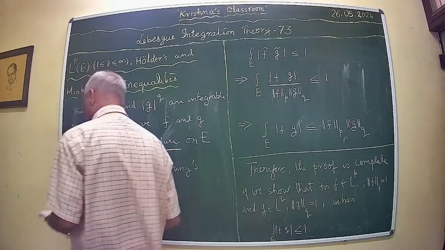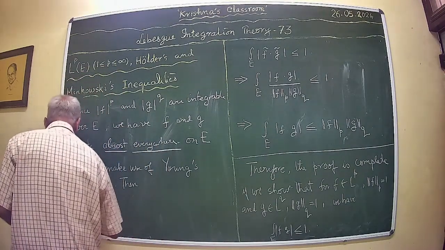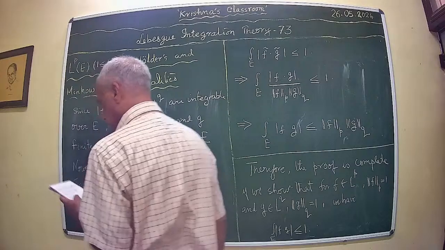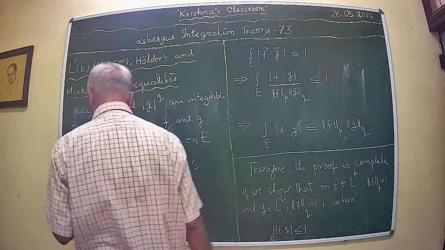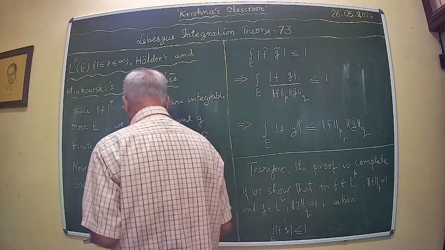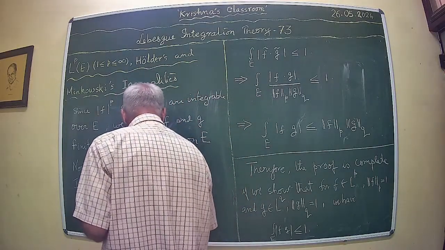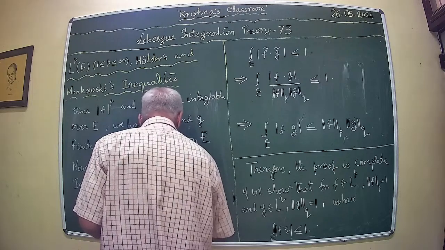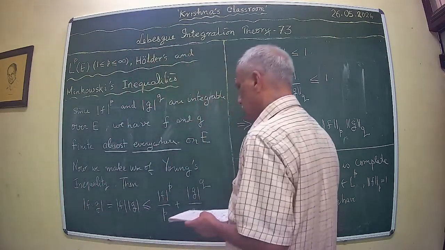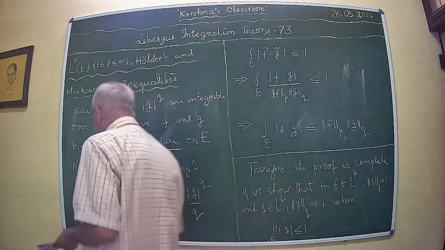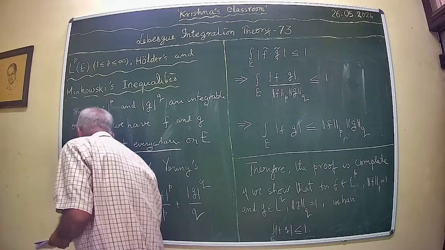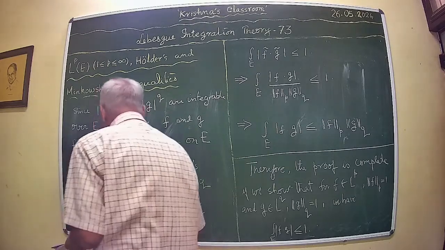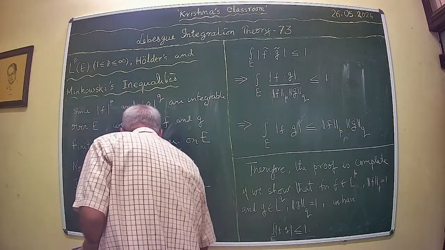Then we have mod f times mod g, and that is less than or equal to mod f to the power p by p plus mod g to the power q by q, almost everywhere on E.